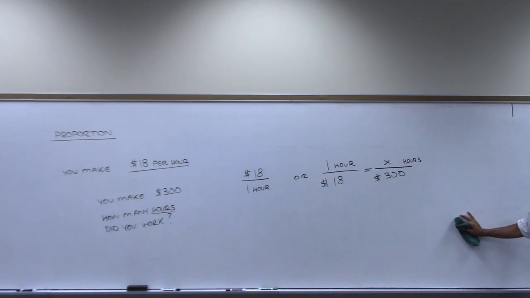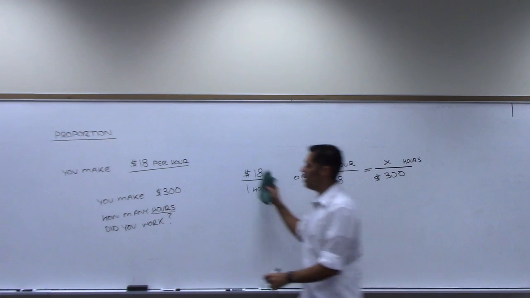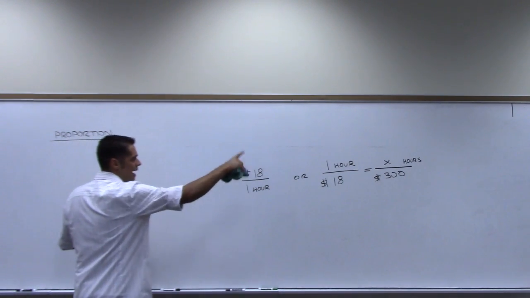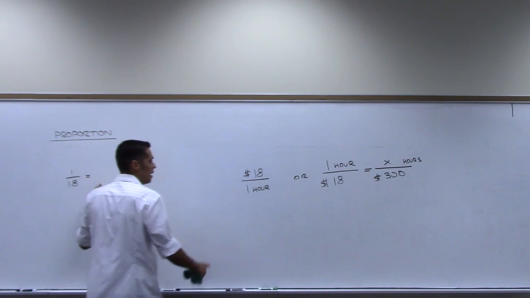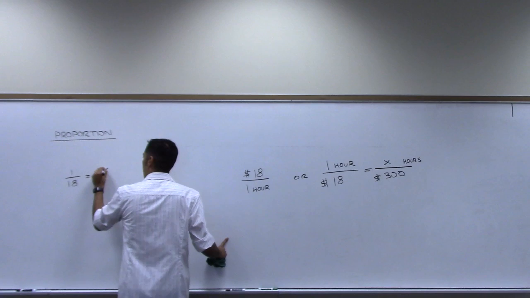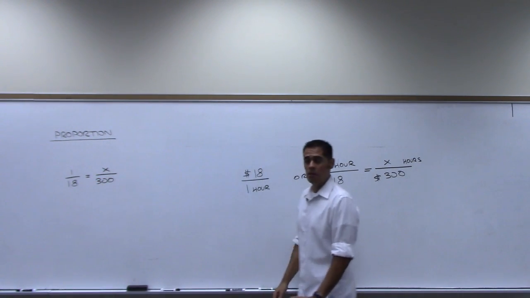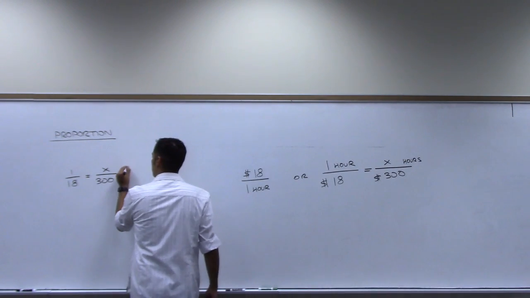Yes? My answer is going to be the number of hours. And I'm going to convert this into an equation now without all those units, the hours and the dollars. It should be 1 over 18 equals X over 300. You want X by itself, right? So you multiply both sides by 300, or 300 over 1.